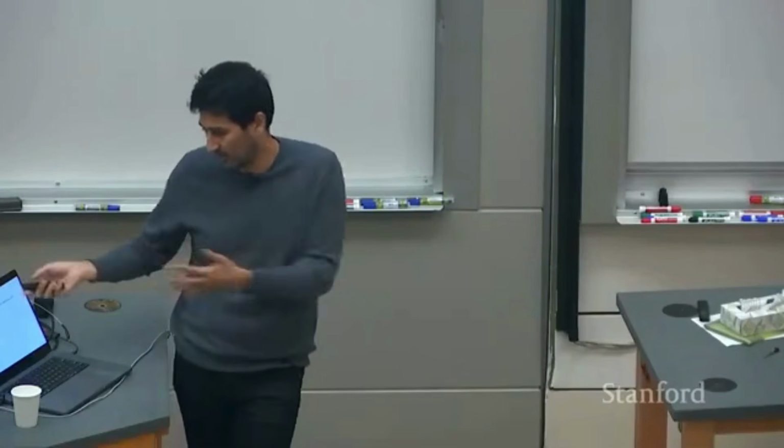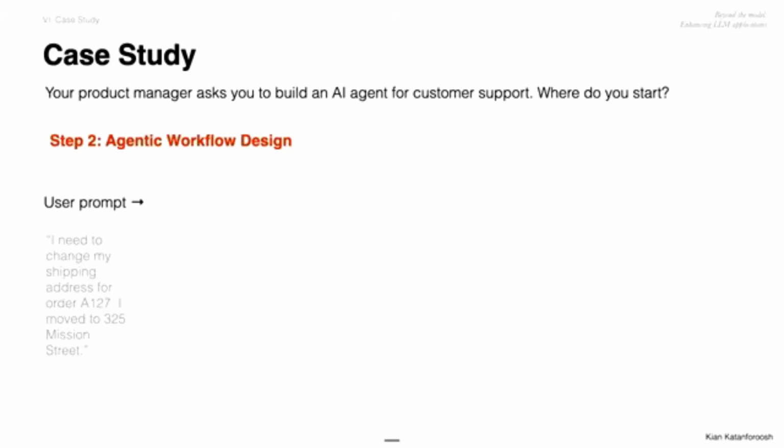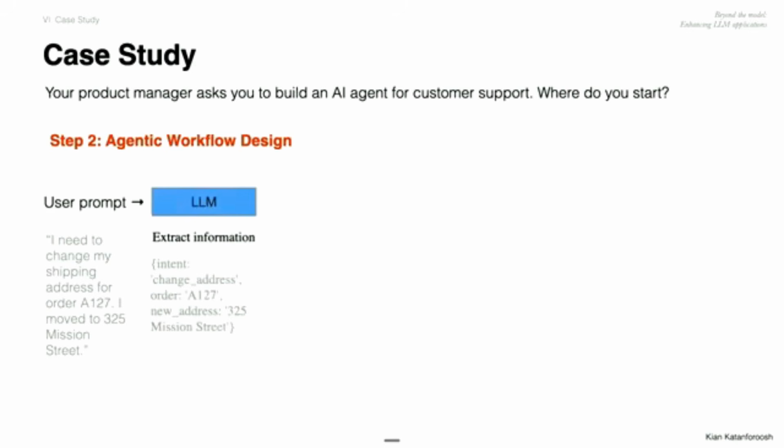You might actually draft it and say, okay, I take the user prompt, and the first step of my task decomposition was extract information. That seems to be a vanilla LLM. You can guess that the vanilla LLM would probably be good enough at extracting that the user wants to change their address, this is the order number, and this is the new address.